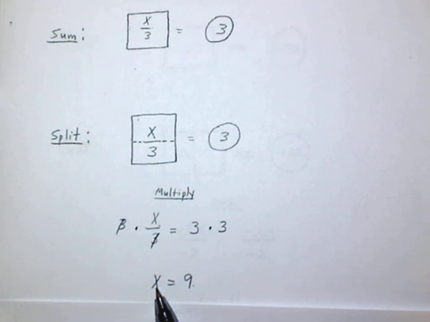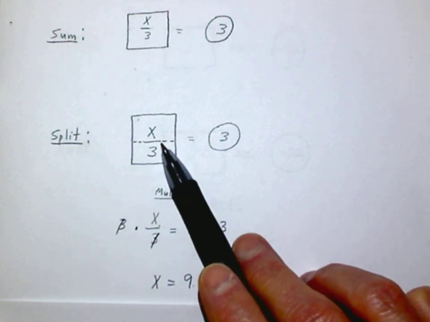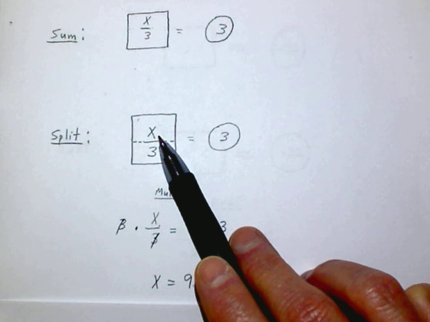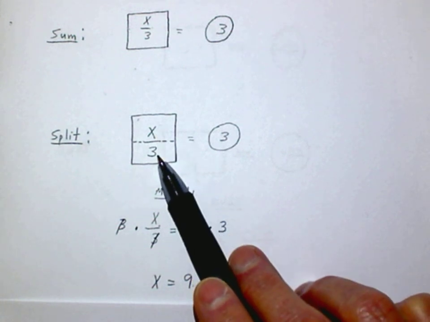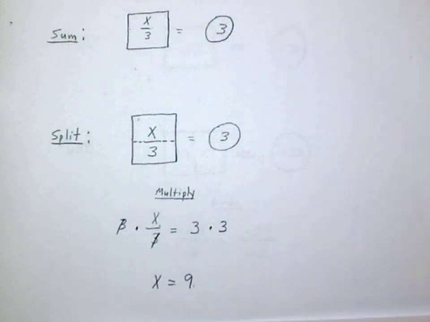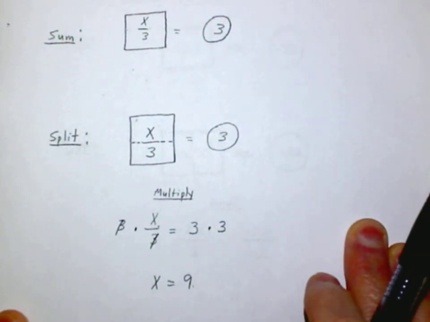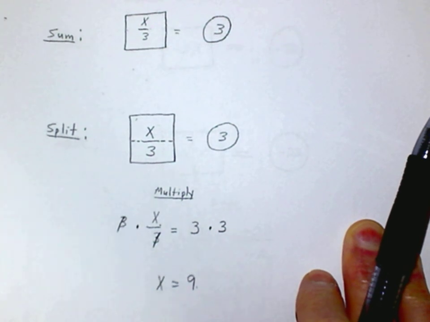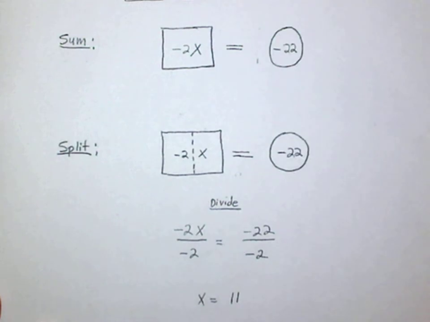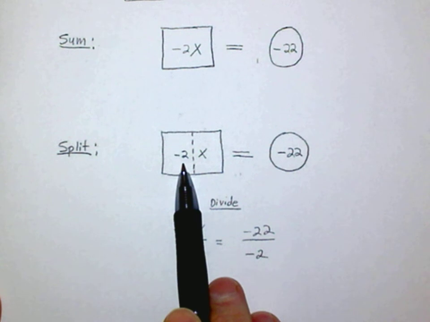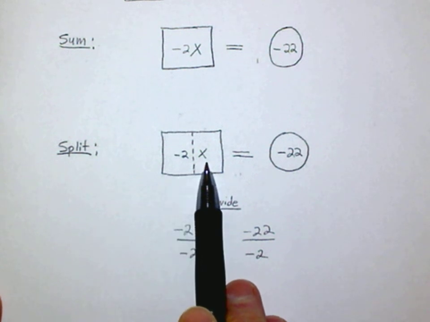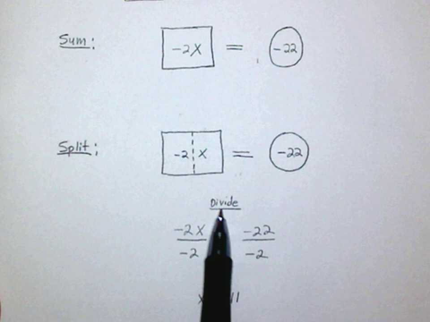The two key things to remember here are that in the final step, when we need to split the number away from the letter, if the letter is over the number, we're going to multiply. And in our first example, we have a number next to a letter. To split that off, we have to divide.